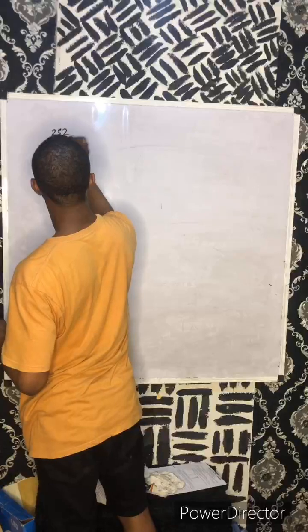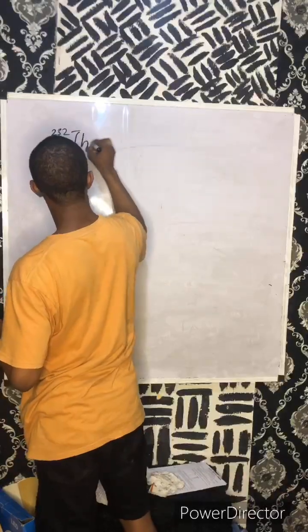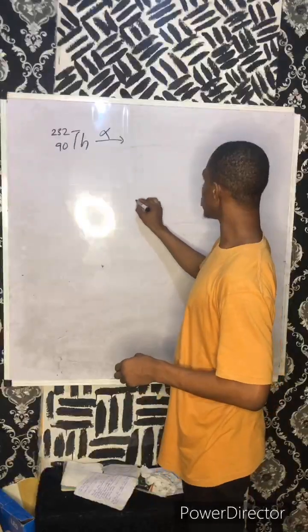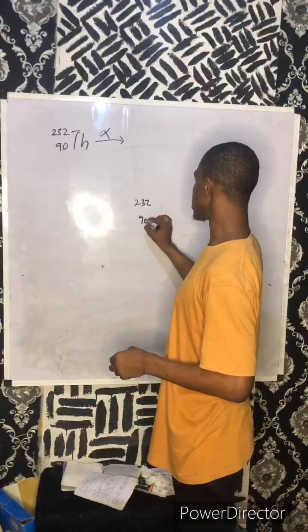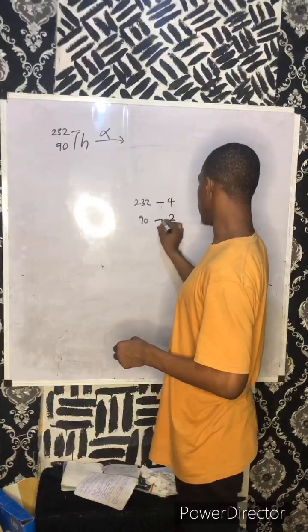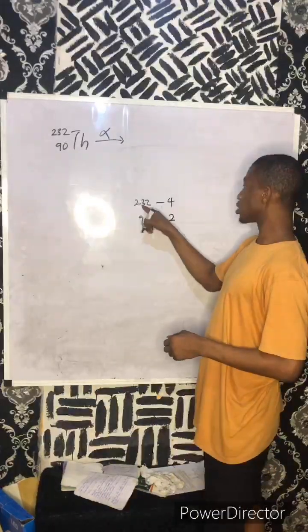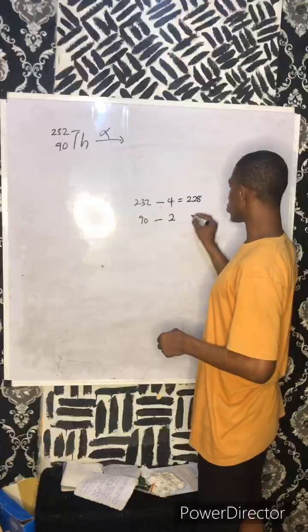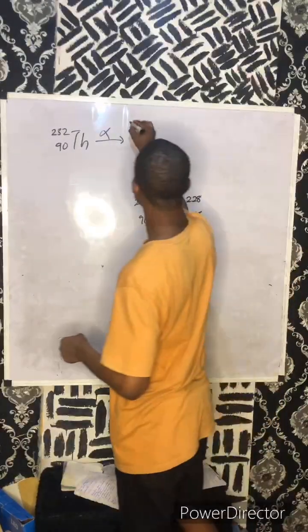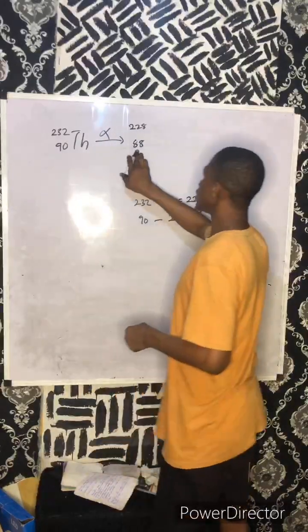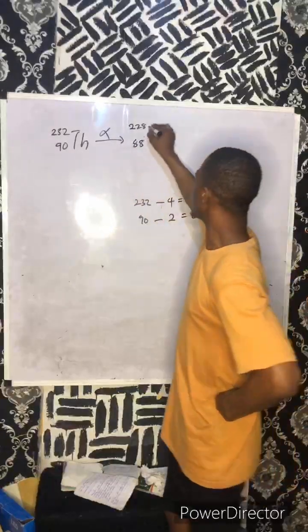Alpha is 4 and 2, so we subtract: 232 minus 4 is 228, and 90 minus 2 is 88. So the up here is 228, while the down is 88. And the element with this atomic number is radium.